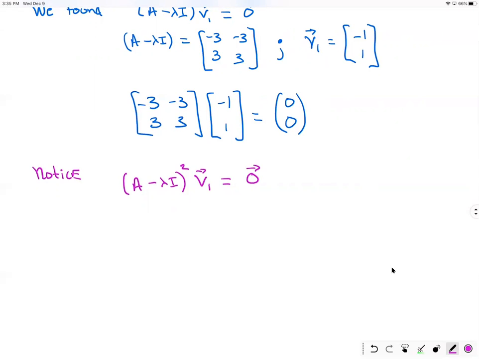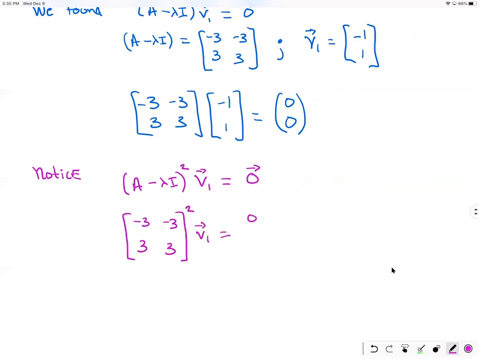Well, A minus lambda I is [[-3, -3], [3, 3]]. And if I square that, multiplying it by itself, I'm going to do that in my calculator. You should too if you have a chance.